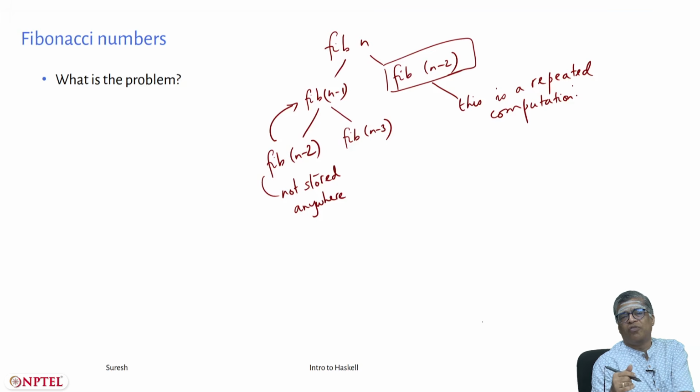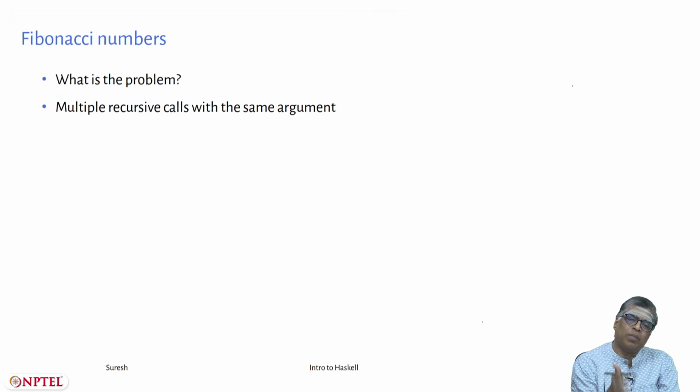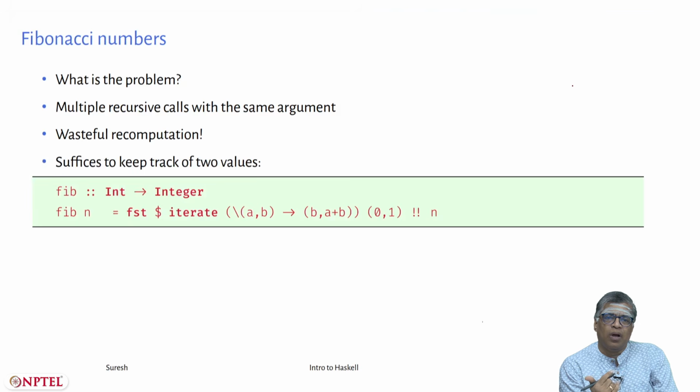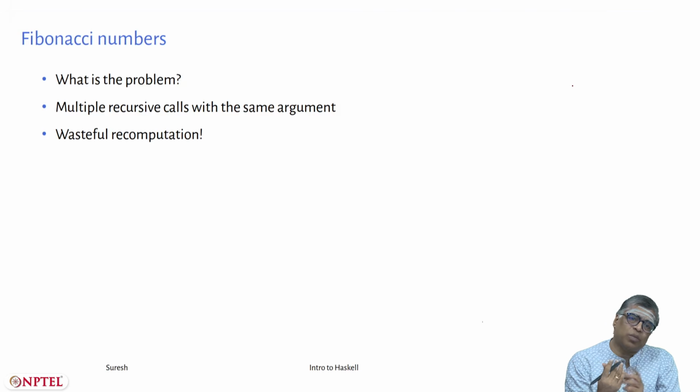As we saw, fib of 1 is called so many times, right? So you make a recursive call, you use its result, but you don't store the result anywhere, and this is really the problem. So there are multiple recursive calls with the same argument, and this leads to wasteful recomputation. And that is why this is the problem.